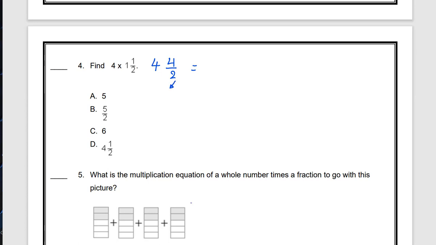So we will make 4 divided by 2. Then it will be 2. When we don't have a denominator, it's 1, not 0. Okay, so it's a whole 2. Yes. So it's 4 plus 2, which is 6. So the correct choice is letter C. Thank you, great work, my hero.